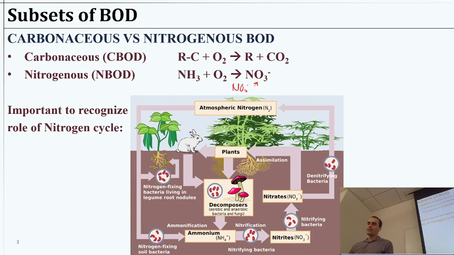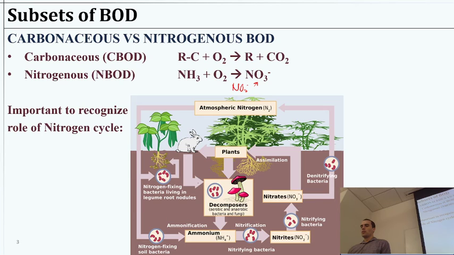So if we take a look at what's happening in the nitrogen cycle, the atmosphere has a surplus of N2. It is mostly N2 that we're breathing, and so there's plenty of nitrogen there. Certain organisms can fix that nitrogen into ammonia or into some organic nitrogen directly.